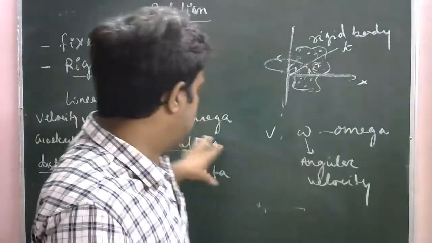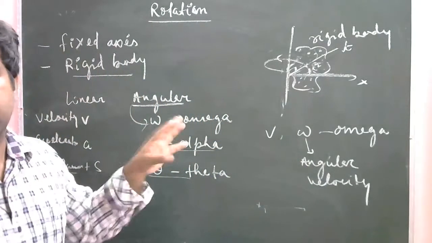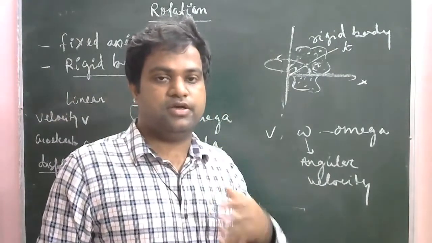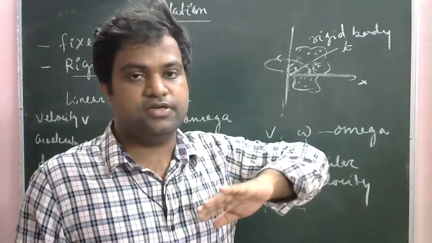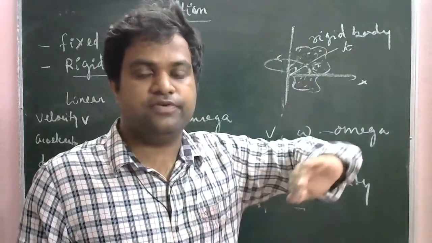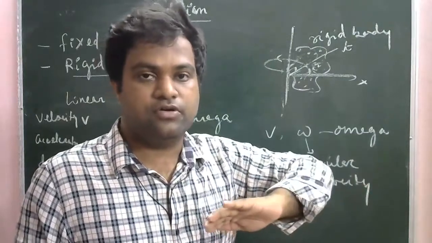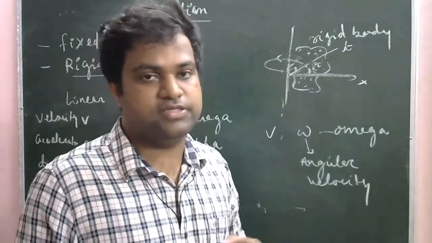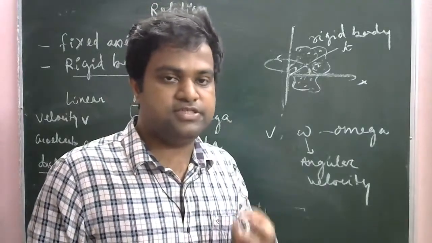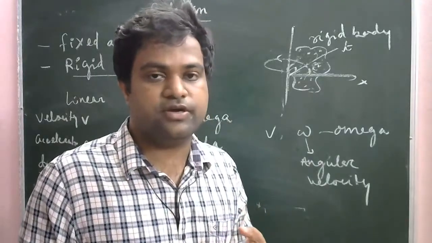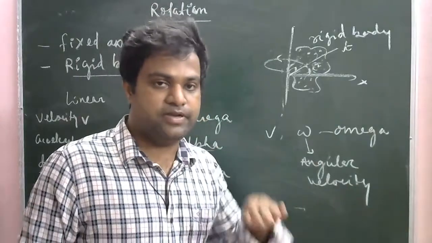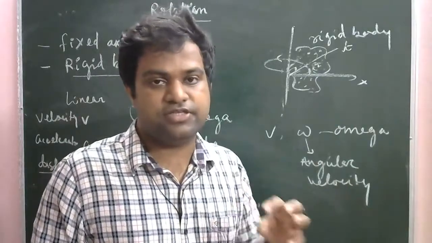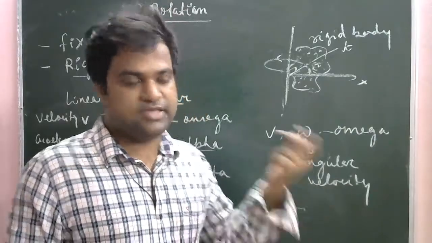But the object can move with a constant acceleration, meaning a constant rate of change of angular velocity. If the velocity increases at a constant rate, then the acceleration will be constant. It will not be zero. But if the angular velocity is constant, then the acceleration will be zero.